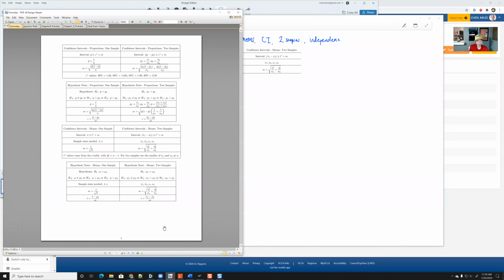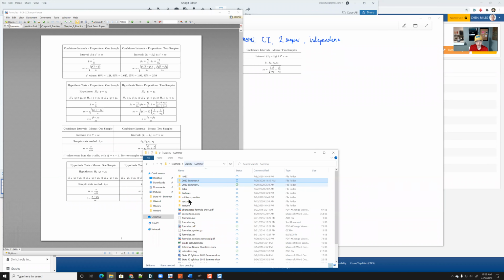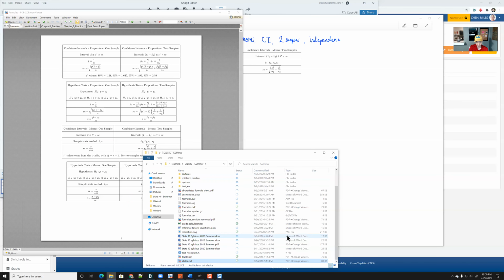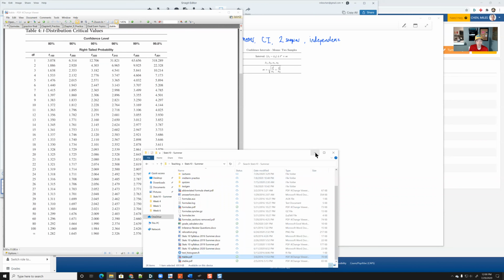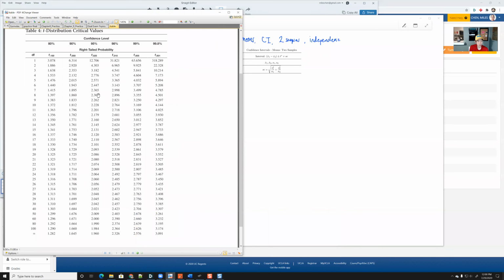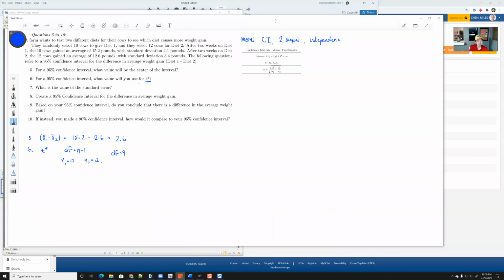Okay, I need my table. So 9 degrees of freedom and 95% confidence, we've got 2.262.